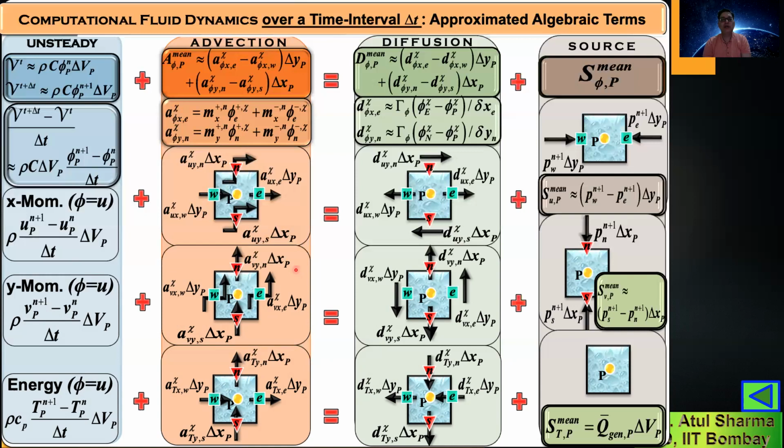If you are comfortable with differential formulations from your undergraduate course, you should be equally comfortable with these algebraic formulations. The bigger motivation is to make this formulation easy enough so that this subject is taught as early as possible in the undergraduate curriculum, so that students are empowered and enabled to develop their own CFD software.